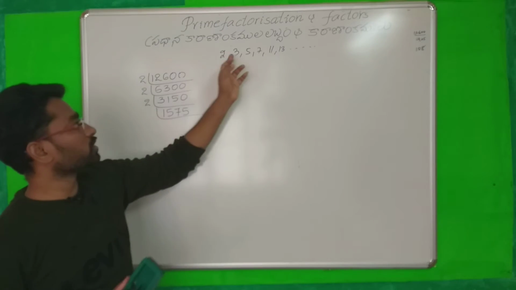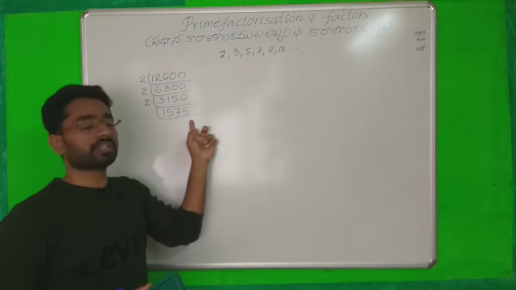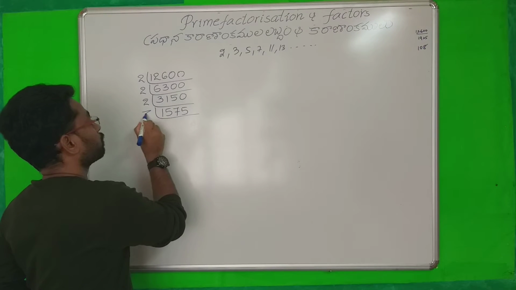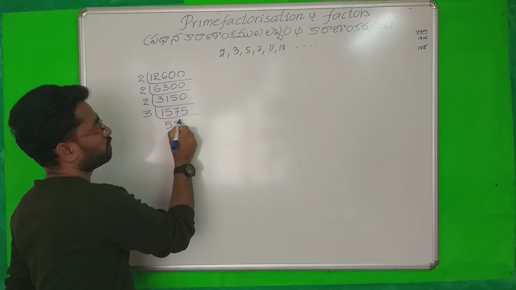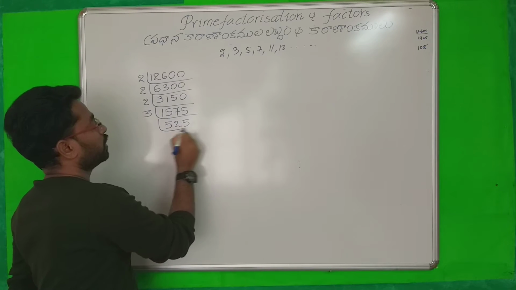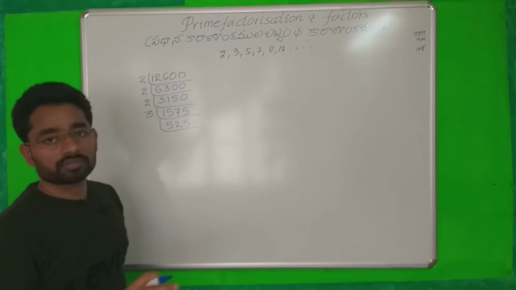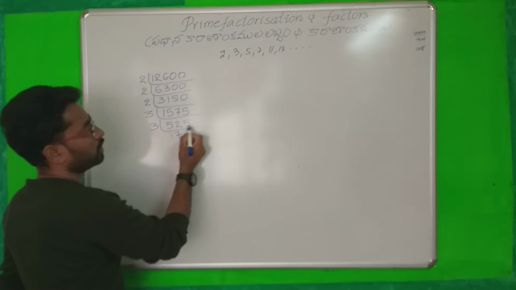So go to check 3. You know the divisibility rule of 3, sum of digits: 1 plus 5 is 6, 6 plus 7 is 13, 13 plus 5 is 18. Yes, 18 is divisible by 3, so this number is also divisible by 3. 3 fives are 15, 3 twos are 6, 15. I am checking again: 5 plus 2 is 7, 7 plus 5 is 12. Yes, divisible. Continuing, 3 ones are 3, 22, 3 sevens are 21, 15, 5 times.